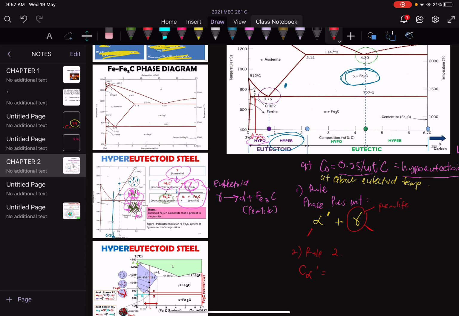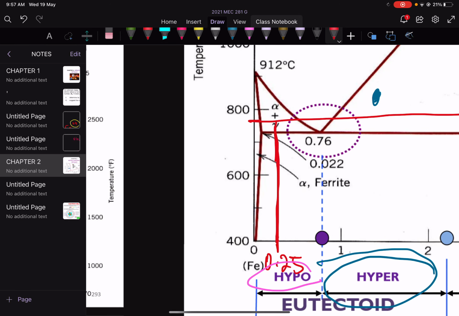Remember the lever rule, or tie line, located above the eutectoid temperature. This one is your composition, 0.25. So what we need to do is draw a tie line. This one is alpha, this one is R, and it goes until here.